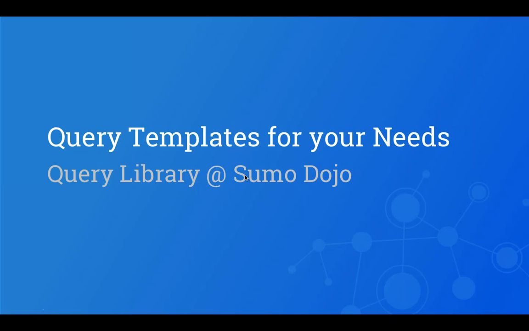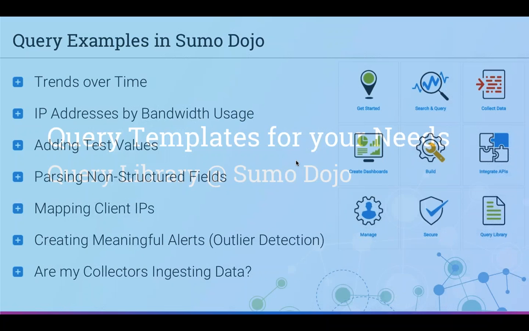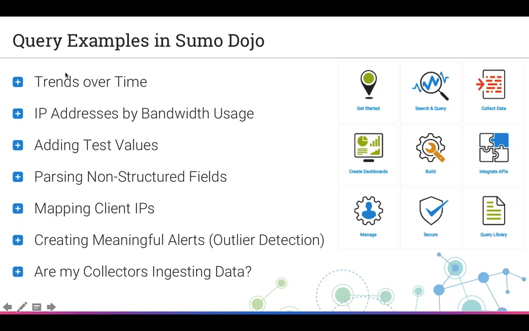All right, so I've covered quite a bit today, slightly more advanced queries rather than your basic ones. However, for those of you who are looking for additional queries, basic or more advanced, I want to point you to the query library in our Sumo Dojo. These are just some examples.